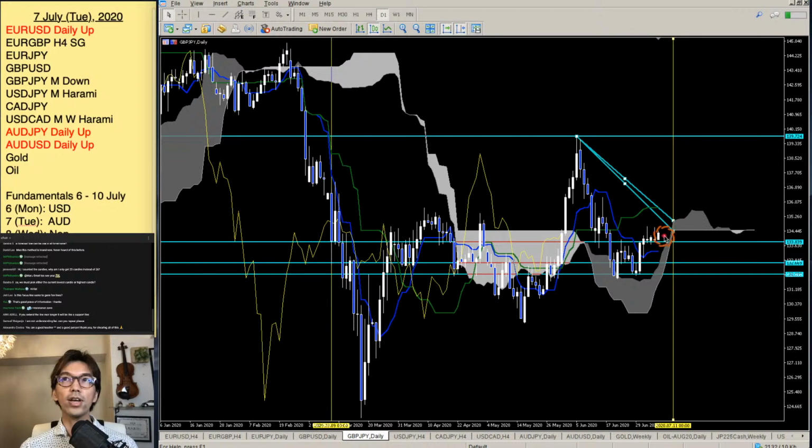The price is now going up, but the price is still below these forecast lines. So at this rate, maybe the price will be in the range, and eventually on this day, 11th of July, the price might be below the forecast line, I mean the forecast line and also below this Senko span B here.